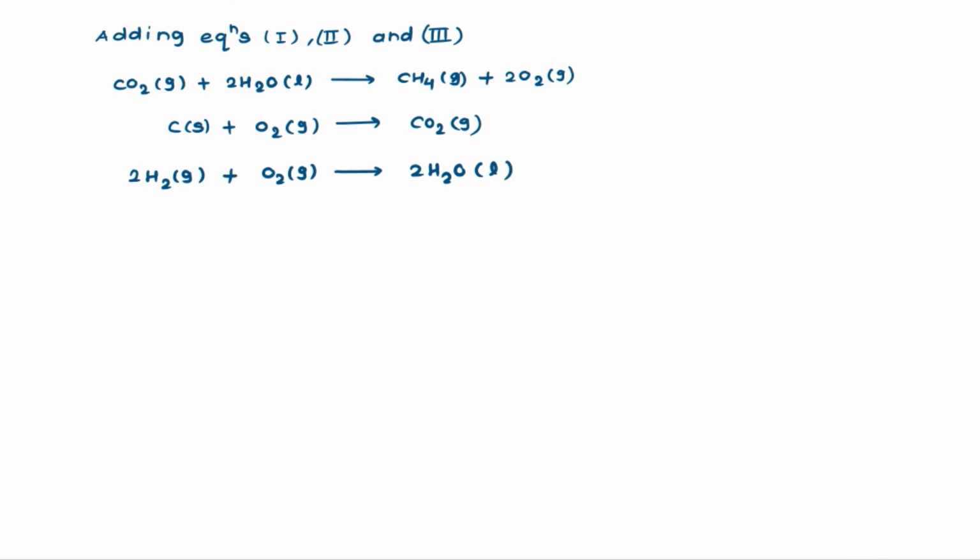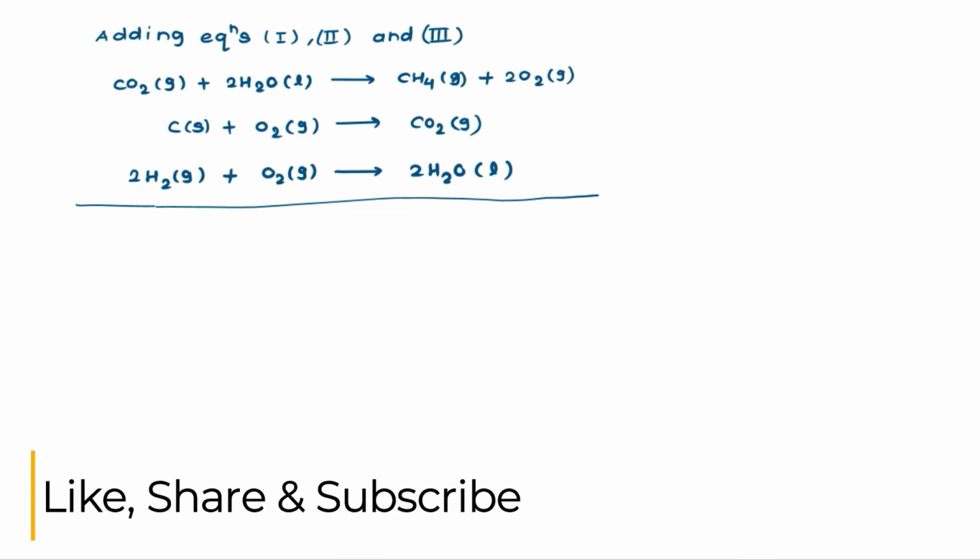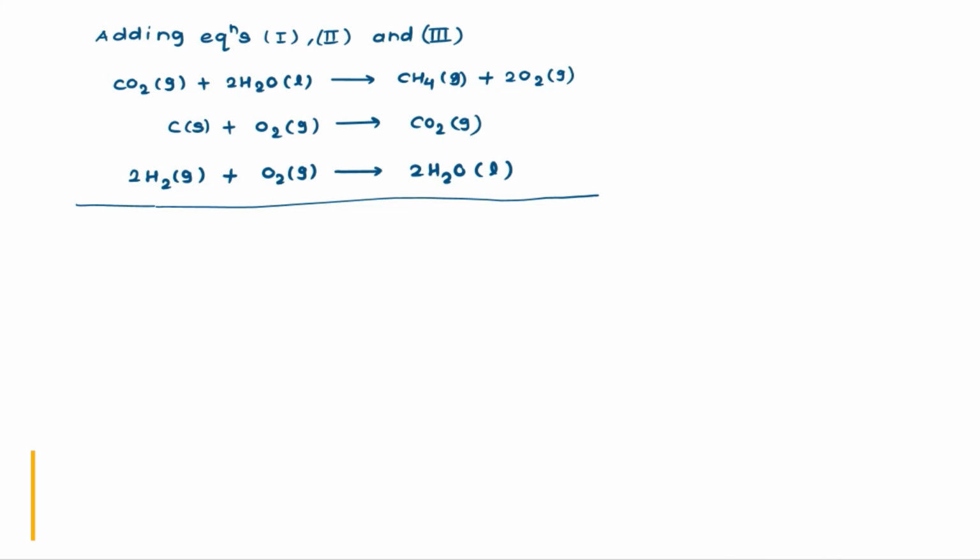Okay, so let's do addition for these three equations. While adding this, the same terms on the left hand side and right hand side will get cancelled. So here CO2 will get cancelled. Then this one O2 plus this one O2 will be 2O2, which will get cancelled with this 2O2.